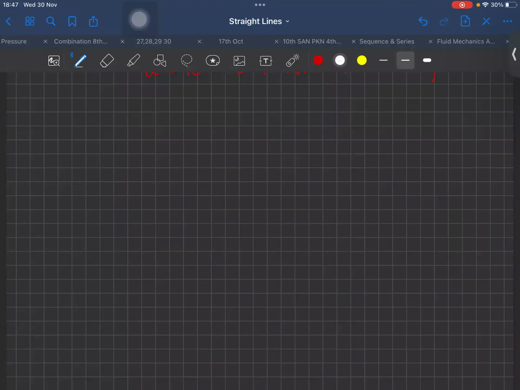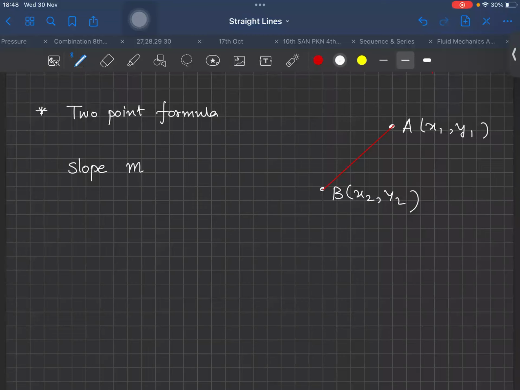If you are given 2 points anywhere, A (x1, y1) and B (x2, y2), how do you find the slope? Write down slope: m is equal to y2 minus y1 upon x2 minus x1. That is how we find the slope. Got it?